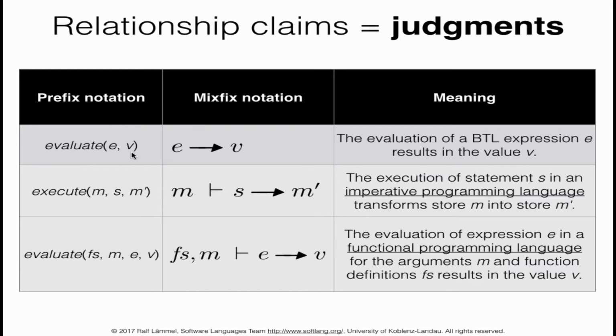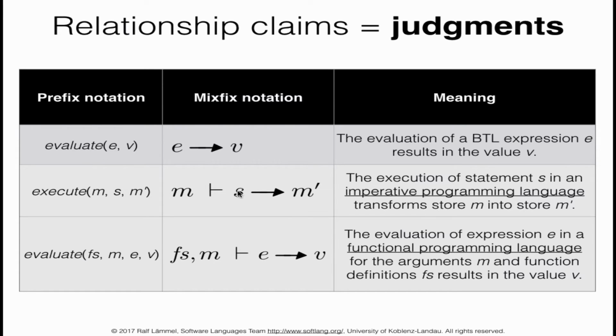For example, for BTL, we might say E evaluates to V. Or as we did before, we might use this mixfix notation, which is maybe more suggestive of the computational interpretation at hand, that we assume that E is evaluated to V. But it's really just an alternative notation for a relation.